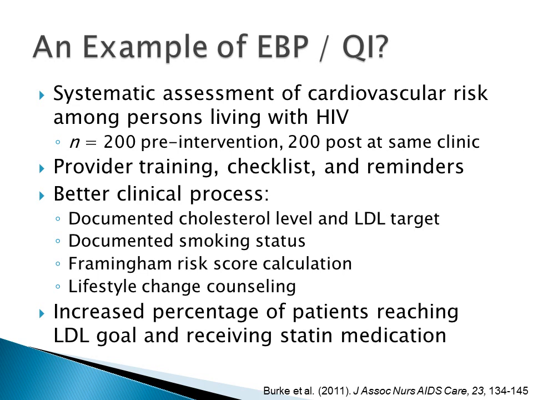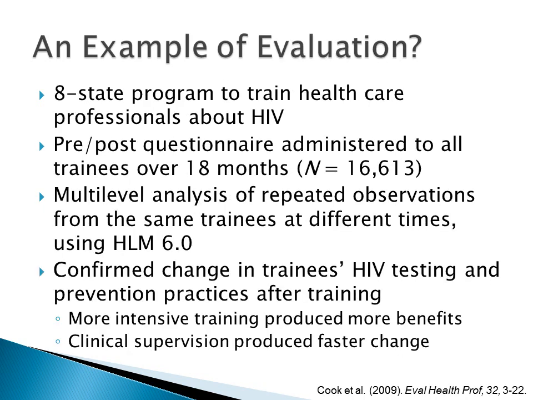The outcome was more of the patients in this clinic reached their cholesterol goals and specifically got statin medications for that. So that was the main takeaway here, that you could provide better cardiovascular care in an infectious disease setting for people with HIV who also have these cardiovascular comorbidities.